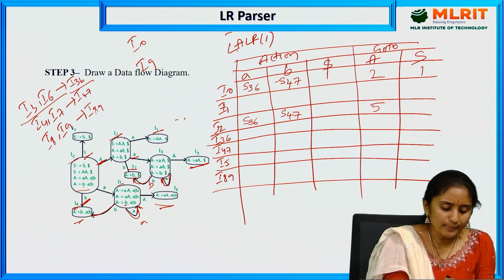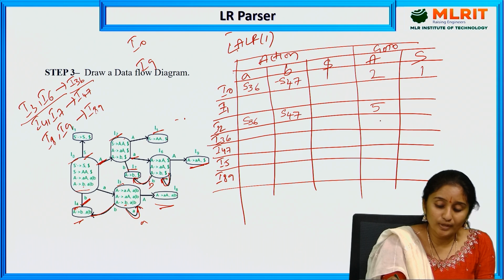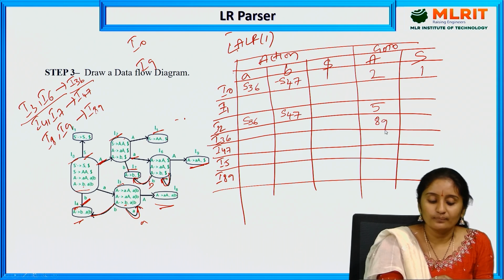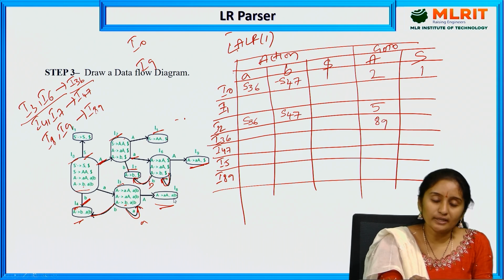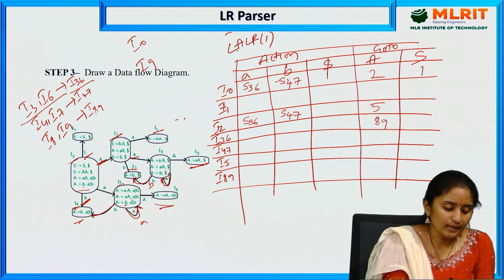I3 is nothing but I36. On capital A, it is moving to 8, 9. I36 on small b is moving to S47.